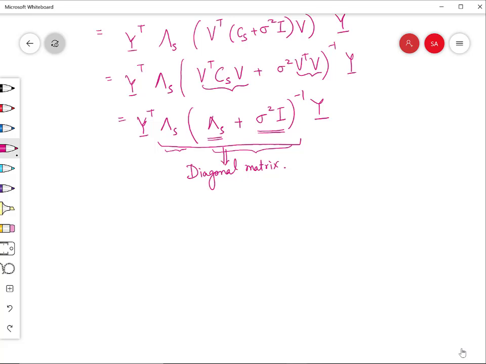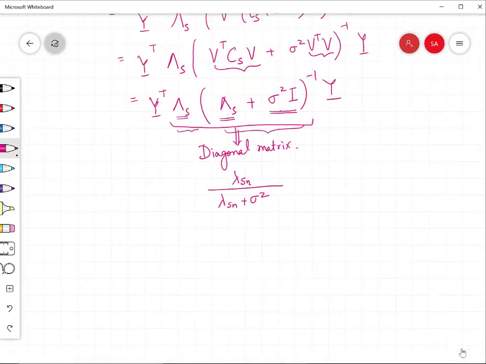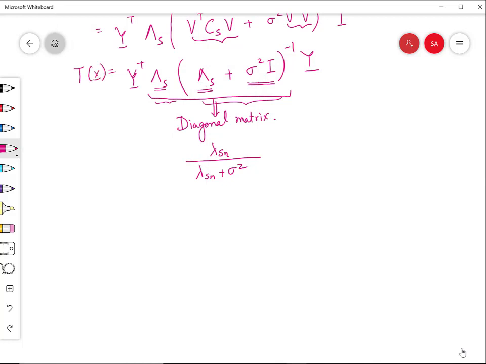Each of the elements will be equivalent to lambda Sn over lambda Sn plus sigma square. Lambda Sn and sigma square come from here, inverse is upon, and this is lambda Sn multiplied. So the whole thing, this is Tx, right? The Tx can be written as summation lambda Sn over lambda Sn plus sigma square times y square n, N goes from 0 to capital N minus 1.